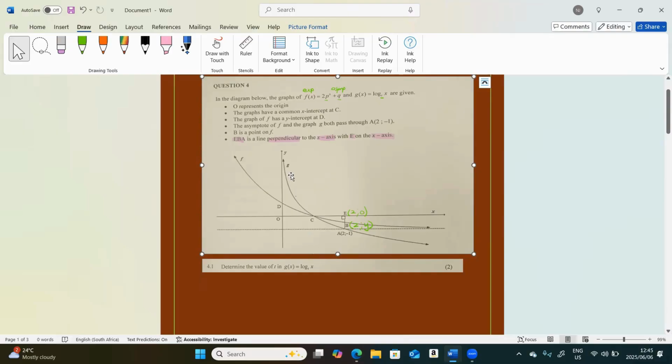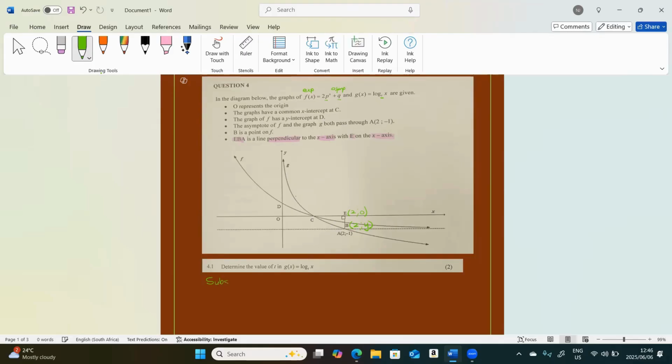Now let's have a look. Do we have a point on g? There is g, yes. Can you see there? They say g passes through point A. So we have point A that we can substitute into g(x) to solve t. So let's do that. You are going to write what you're going to do.